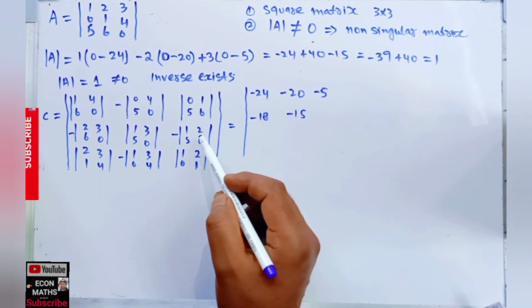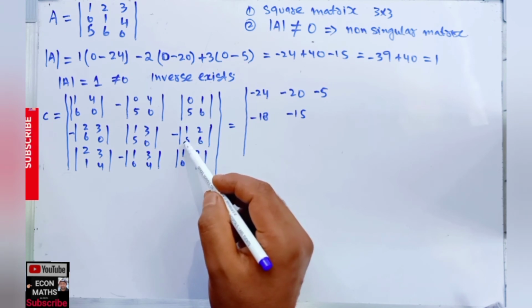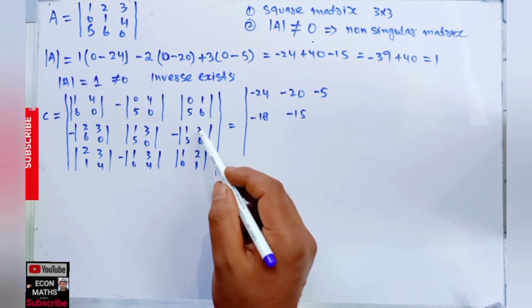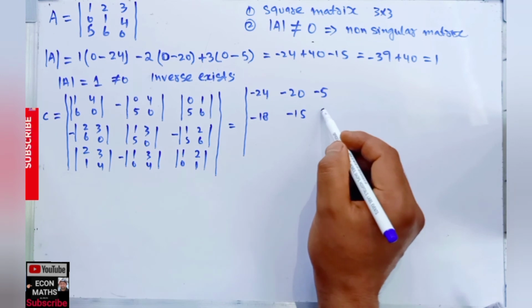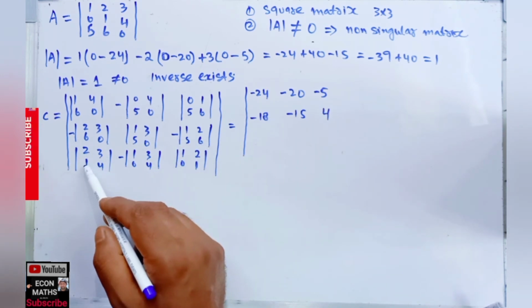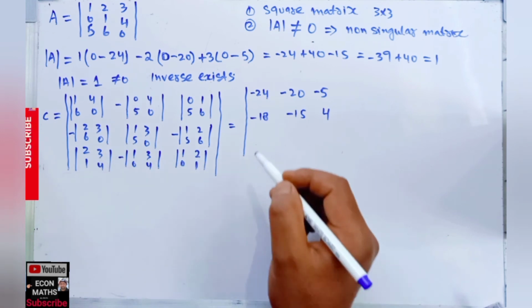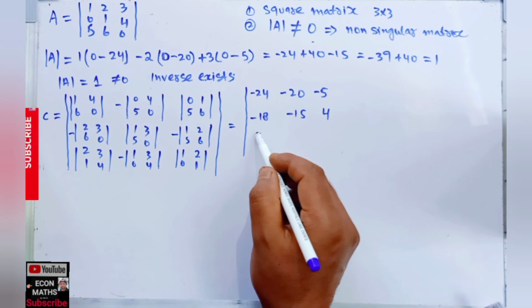Similarly, here we have 1 6 are 6, 6 minus 5 twos are 10, 6 minus 10 gives us minus 4, but we have here positive, so this will become positive 4. Minus minus is plus. Here 2 4s are 8, minus 3 1s are 3, 8 minus 3, that is 5.